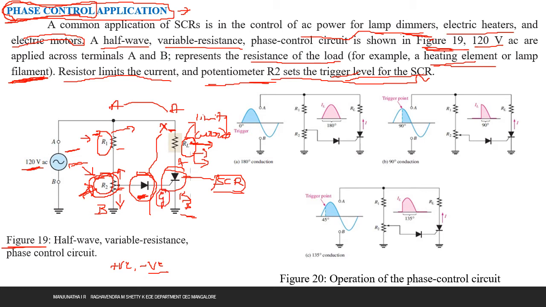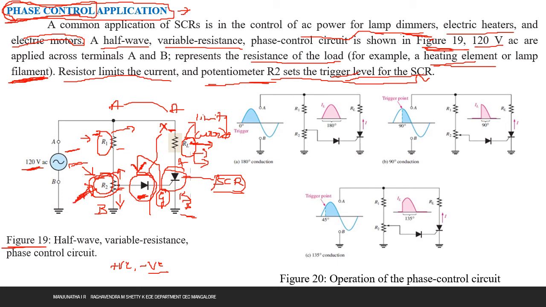That trigger pulse is controlled by this diode. We know when the diode becomes forward biased and reverse biased, and when we can make this diode conduct, that is fully controlled by the voltage source as well as the resistance R2.